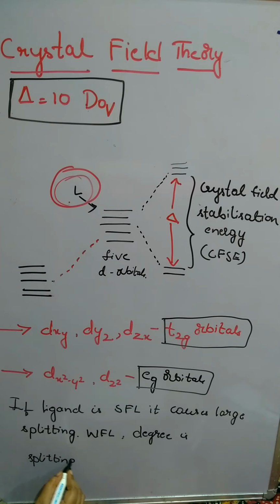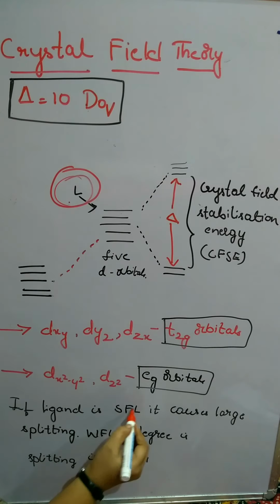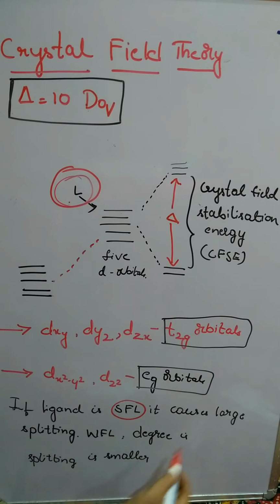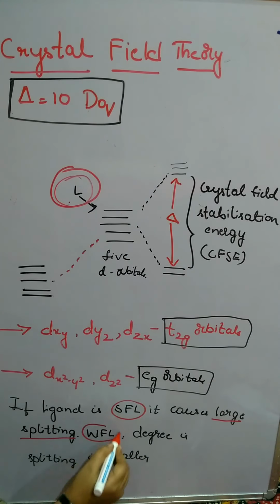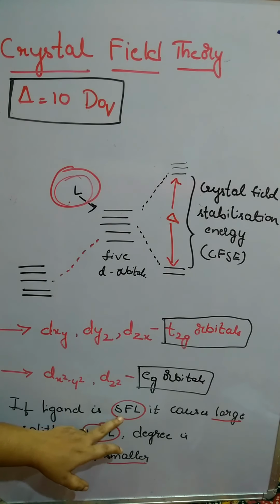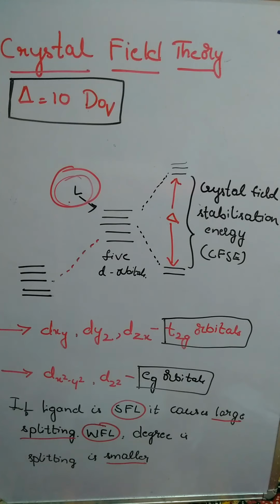So the splitting of d orbitals is completely based upon the ligand. If the ligand is a strong field ligand, then it is a larger splitting. If it is a weak field ligand, then the splitting will be smaller. So this is the distinguishing thing between the strong field ligand and the weak field ligand.